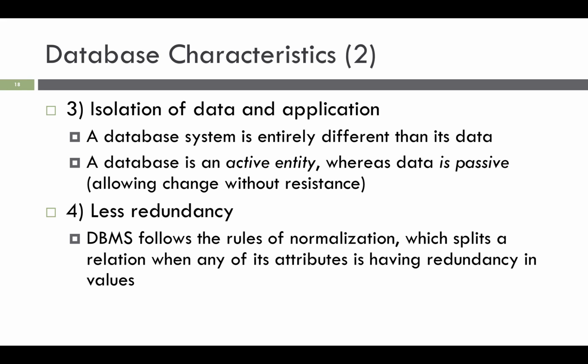A database is an active entity where the data is passive. DBMS also stores metadata, which is the data about data, to ease its own process. DBMS follows the rules of normalization and it helps to reduce redundancy.